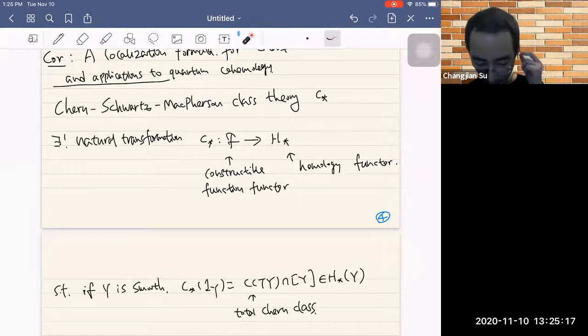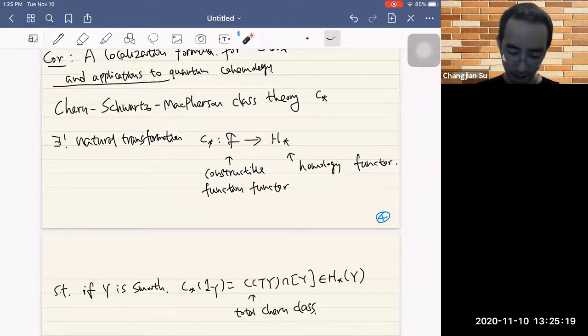It is a Chern class theory satisfying some nice properties, i.e. it commutes with proper push forwards. And if the variety is smooth, we just get back the usual Chern class.